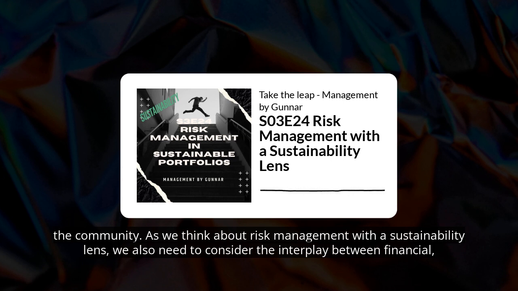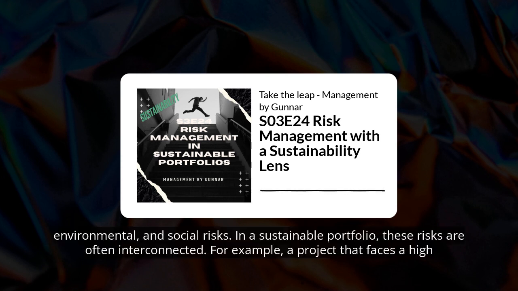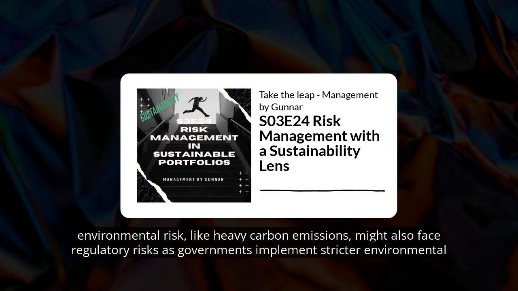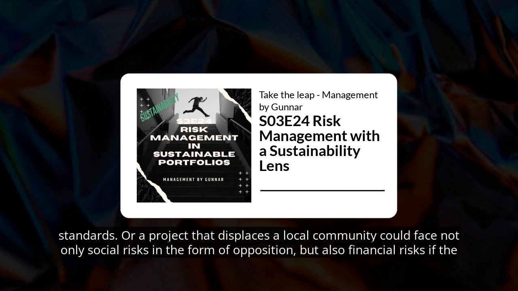As we think about risk management with a sustainability lens, we also need to consider the interplay between financial, environmental, and social risks. In a sustainable portfolio, these risks are often interconnected. For example, a project that faces a high environmental risk, like heavy carbon emissions, might also face regulatory risks as governments implement stricter environmental standards.